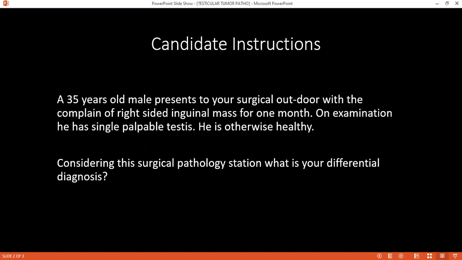So what is teratoma? Teratoma is a testicular tumor which involves all three germ layers.